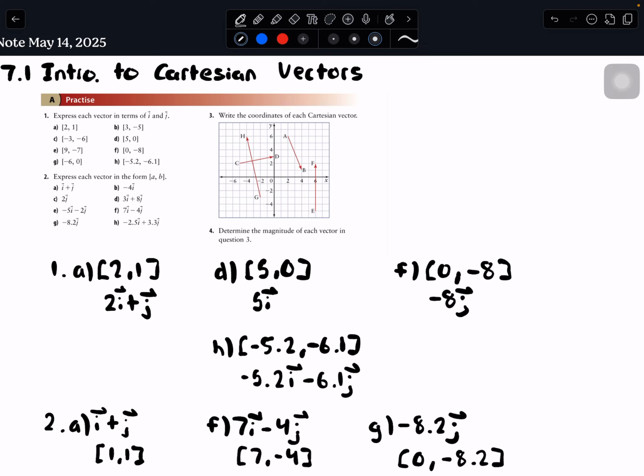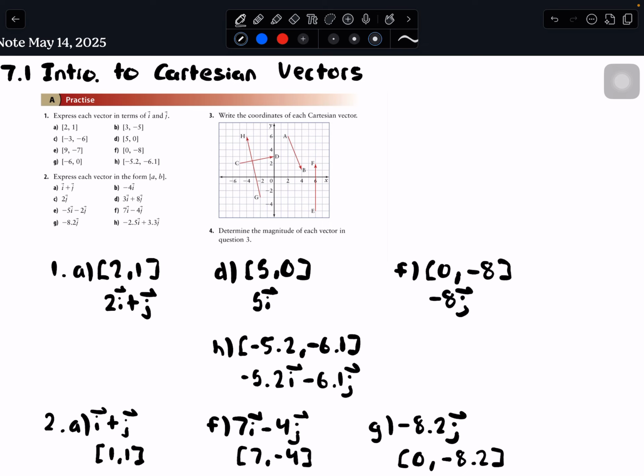But it's convenient to have the tails of these vectors we're working with be at the origin. When we have the tails of vectors at the origin, we call them position vectors. Now, you might ask, why might it be useful to have the tails be at the origin in the first place? It's because it's easy to represent them in terms of the unit vectors i and j then.